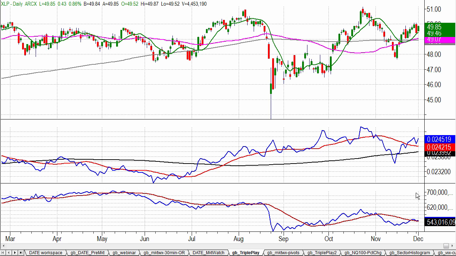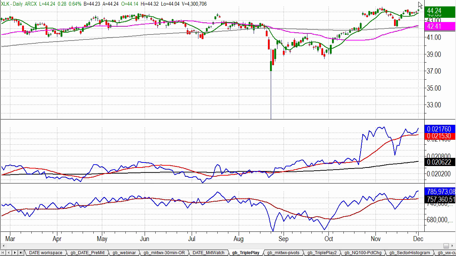And this is even shorter than 3 months. On a triple play perspective, the thing that would be most interesting would be if we could get the volume to move higher. And if it were to break up over this 50 level and have the volume participate in it, then you got a pretty good condition for it to move higher. So that would be constructive to the overall market.